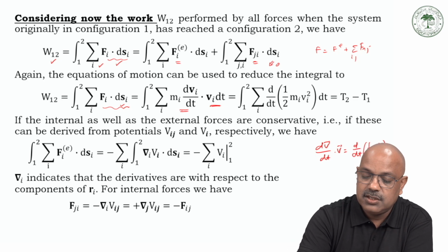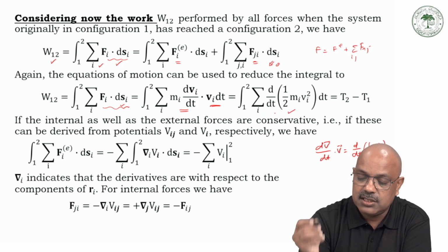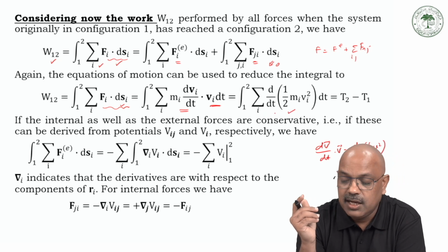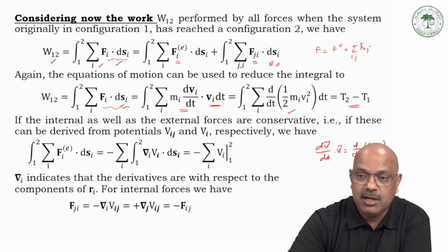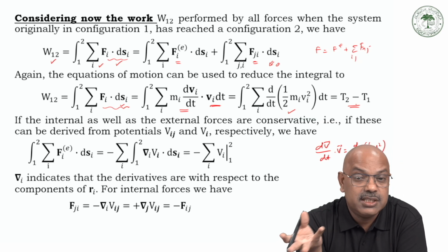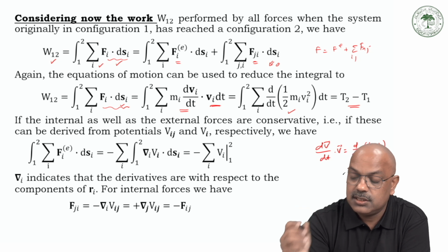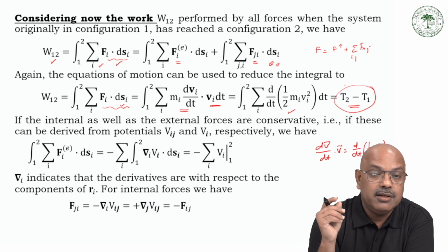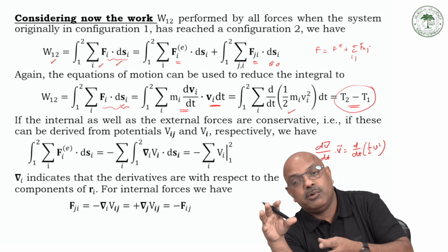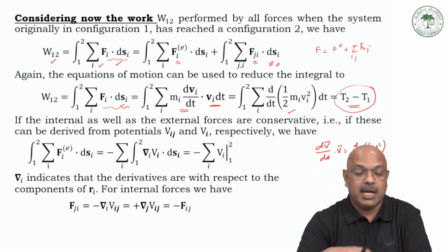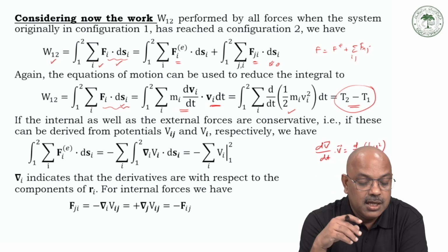So with the same analogy, this is d/dt of half m v square. And then finally, we already did this calculation, that is going to be the change in the kinetic energy. So here also the work done is going to be the change in the kinetic energy, depending upon the kinetic energy at one position and the kinetic energy at another position.